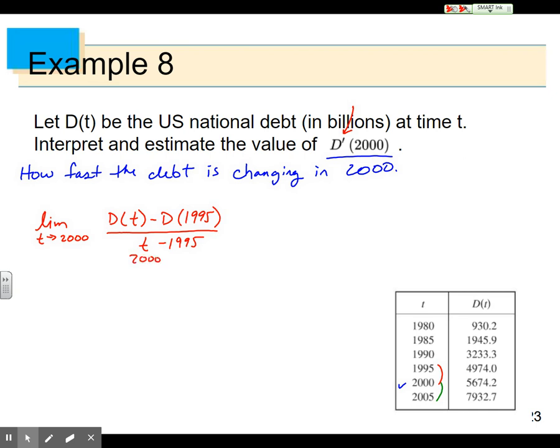D of 2000 is 5674.2, and I'm going to find out what that average rate of change is from 1995 to 2000. So 5674.2 minus 49.74. I'm going to divide that by 5. And so it gave me 140.04.